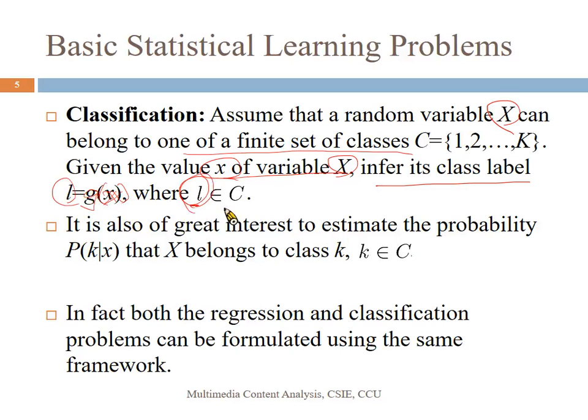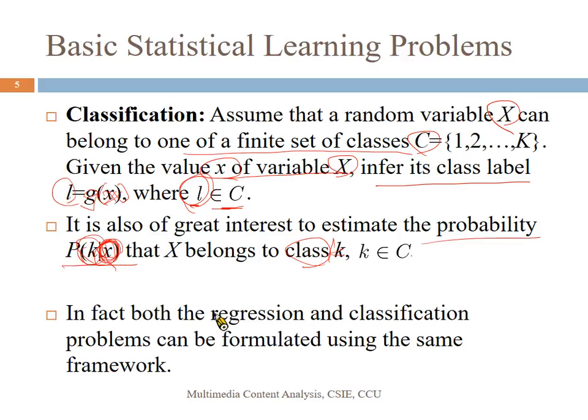So y belongs to the set. And it is also of great interest to estimate the probability of class k given x, where k is the class label. So given the input data, we want to estimate the probability of the input data belonging to different class.